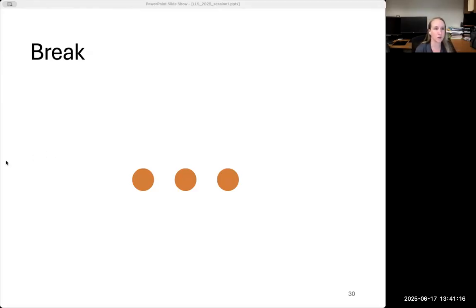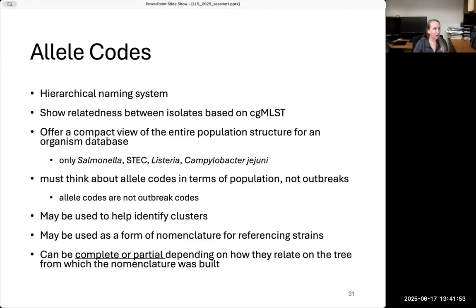Okay, so we will start back up, picking back up with our core genome and whole genome MLST. We end up with allele codes through PulseNet as those are set up. So it's going to be a hierarchical naming system. The benefit, and what's really cool about it, is that it shows relatedness between isolates based on the core genome MLST.